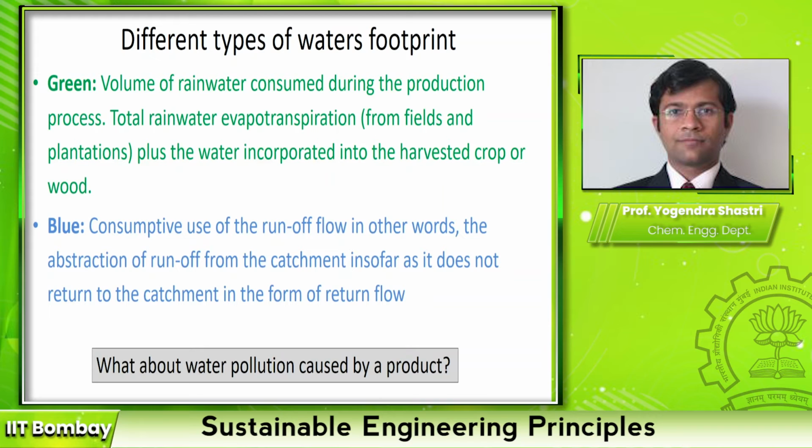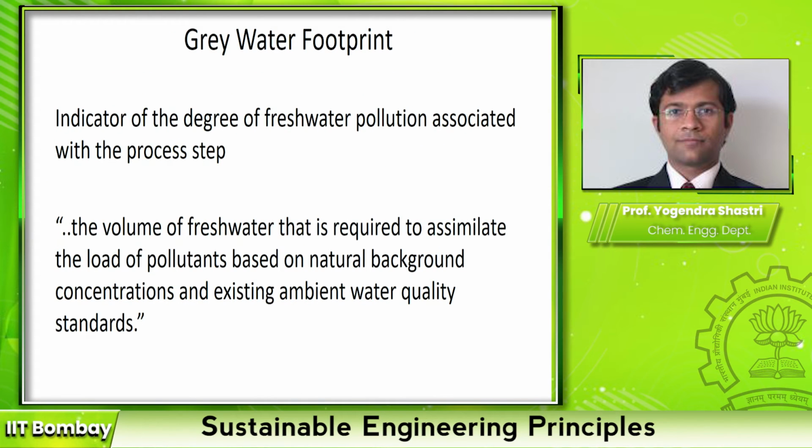Conceptually, the grey water footprint is different from green and blue water footprint. We will see that in the subsequent part of this video. Let us look at the definition of grey water footprint. So, conceptually, grey water footprint is an indicator of the degree of freshwater pollution associated with a process step or the production of a particular product.